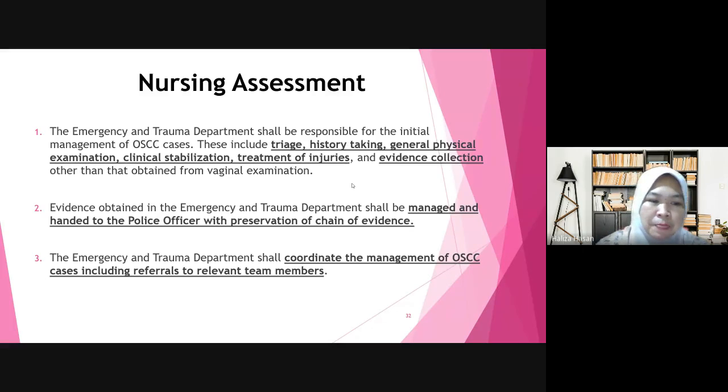For example, they will take specimen or do vaginal examination for rape cases. And then the evidence obtained from the emergency department will be managed and handed to the police officer with preservation of chain of evidence. Okay, and then the trauma emergency department coordinates the management of OSCC, including referral to relevant team members.